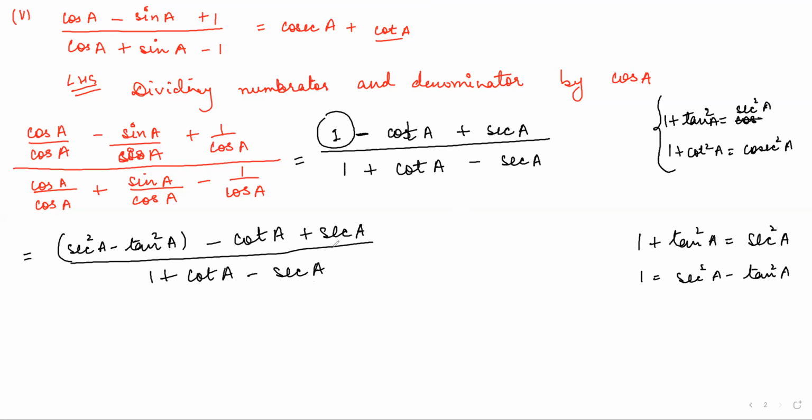Cos by sine is cot and cosec. Just give me a minute. See, there's a problem here. I have made one mistake, I think.